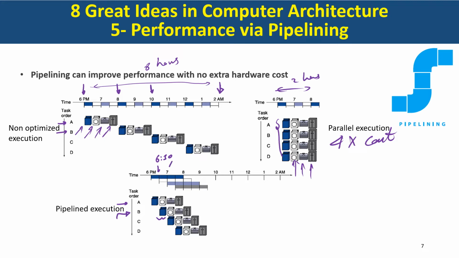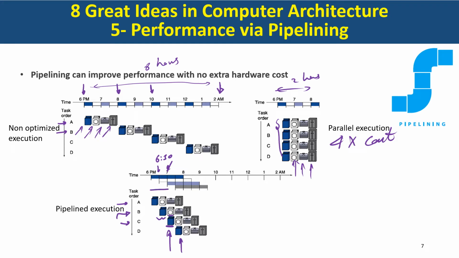Then at 7 p.m. B finishes the washing machine and A finishes the dryer, so C can come and use the washing machine, B can use the dryer and A can iron, for example. So we now have parallelism. That's basically pipelining.